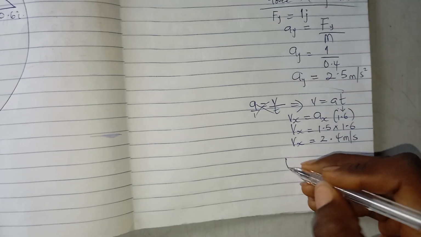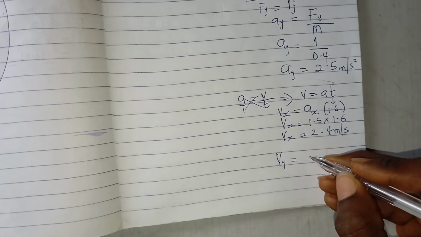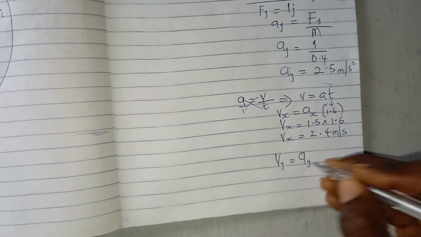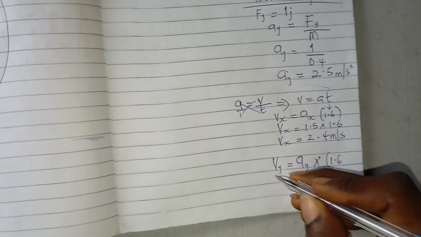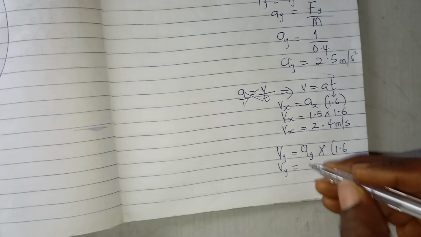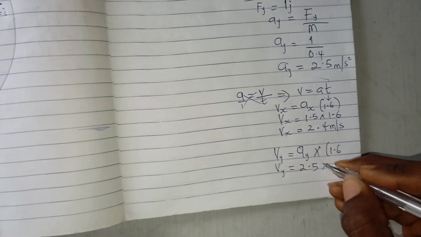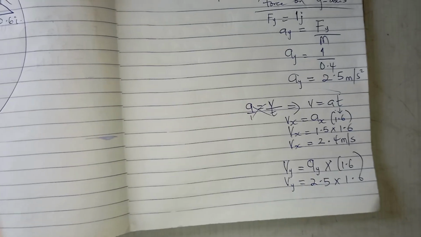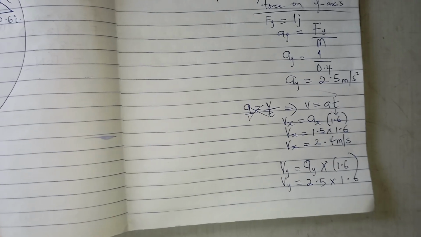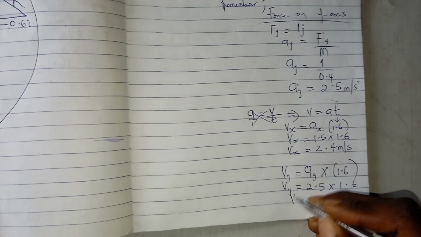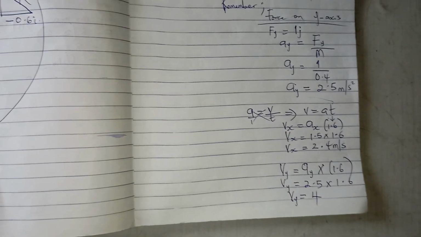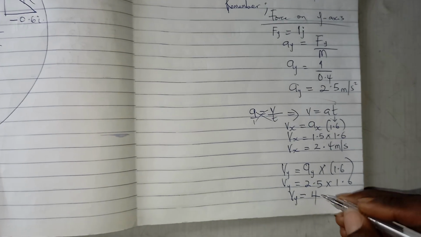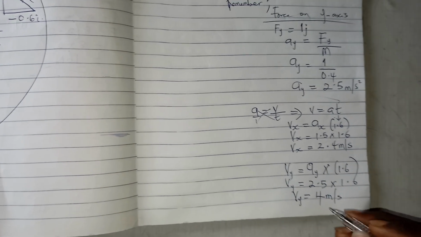While on the y-axis, Vy will be equal to Ay times 1.6. So Vy will simply be 2.5 times 1.6. Vy is equal to 4 meters per second.